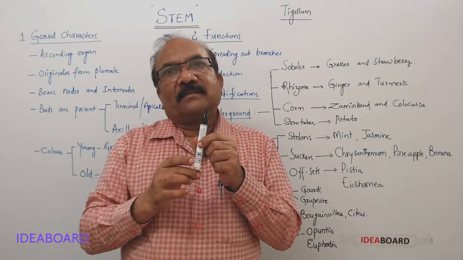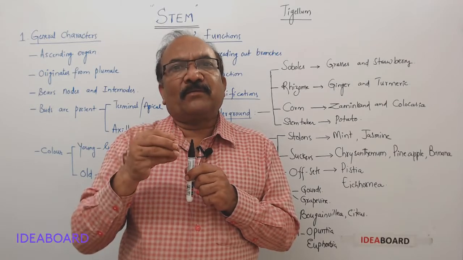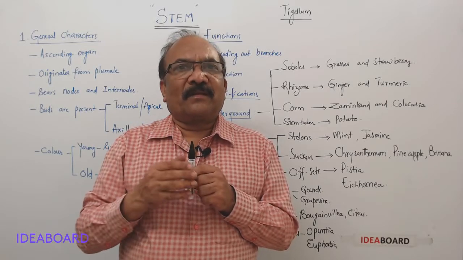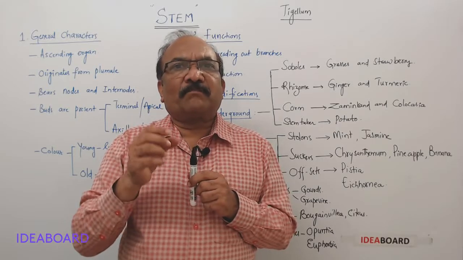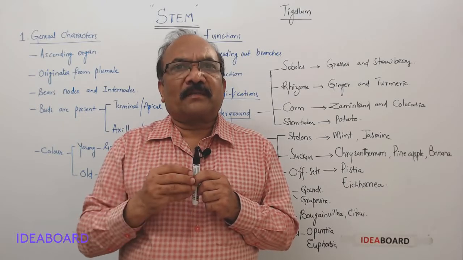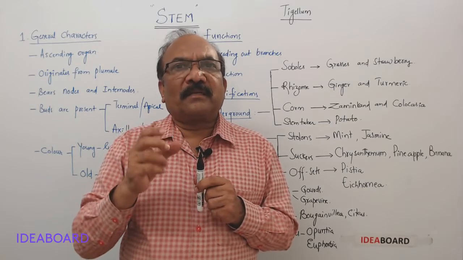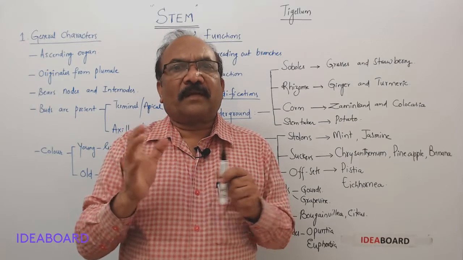While the radicle develops into the root system, the plumule will develop into the shoot system. And plumule is considered as the first bud of the plants. I hope you are understanding.